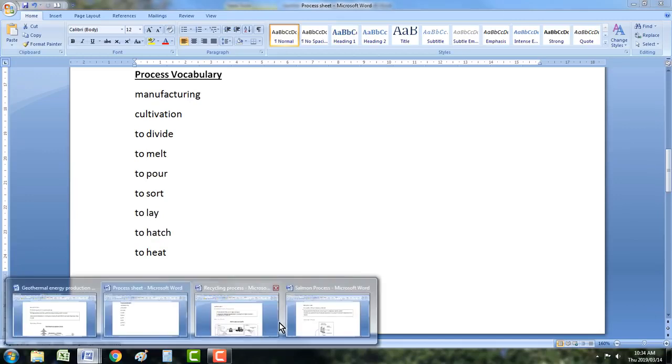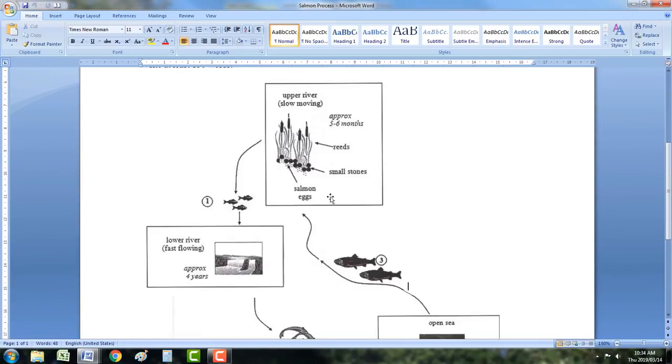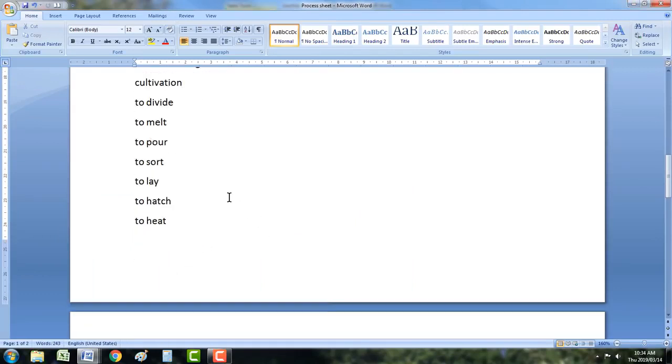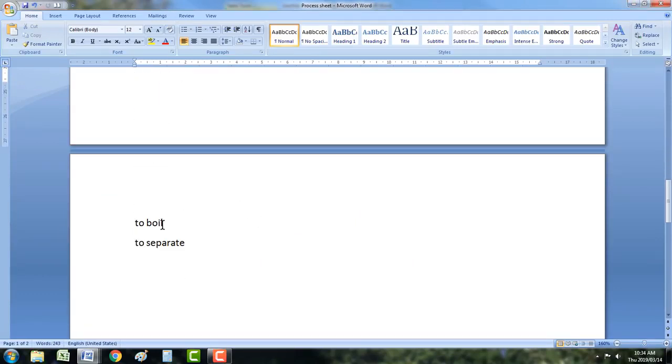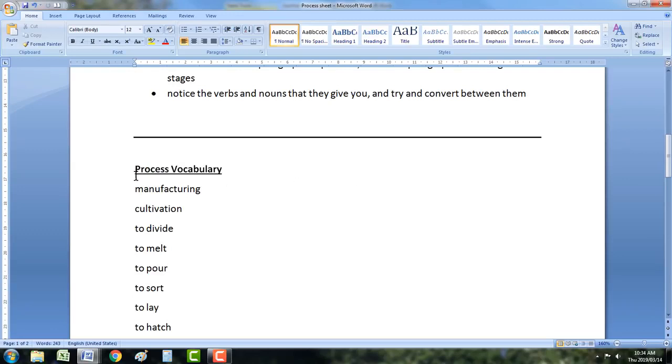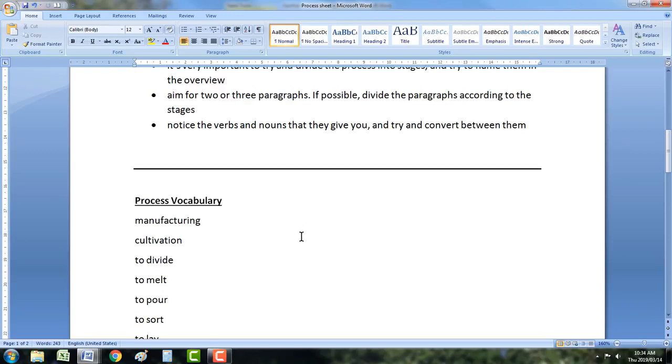If we look at the salmon again, there are eggs there, and those 2 verbs, the fish lays the eggs, and then the eggs hatch and a baby comes out, a baby fish comes out. So it's just some vocabulary might come up in processes: boil, separate, pour, melt, divide, that sort of thing. It's difficult to make a process vocabulary list, but you should start one.